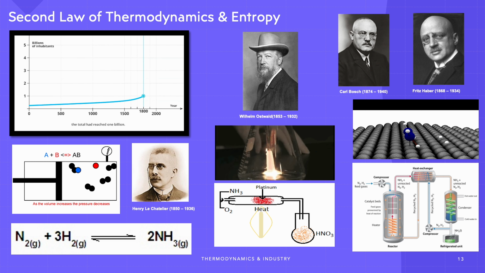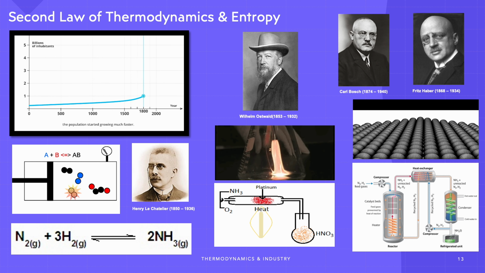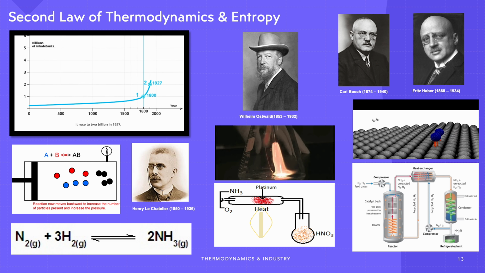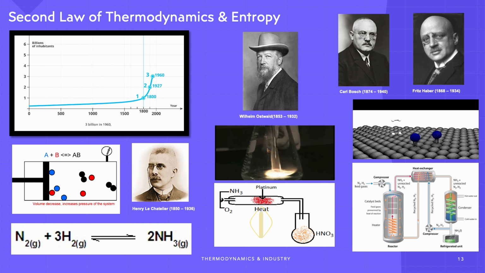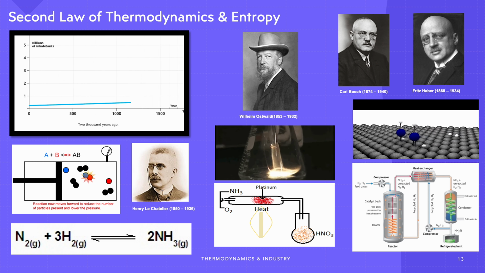So the question became how to create sustainable agriculture under these new conditions, which put chemists in the spotlight, because new techniques for mass production of chemicals, especially fertilizers, now became a survival requirement.